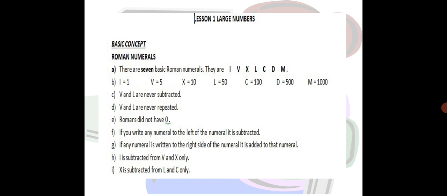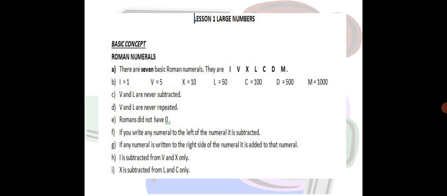Next condition: I is subtracted from V and X only. In the Roman number system, only 1 is subtracted from 5 and 10 to form the digits 4 and 9.